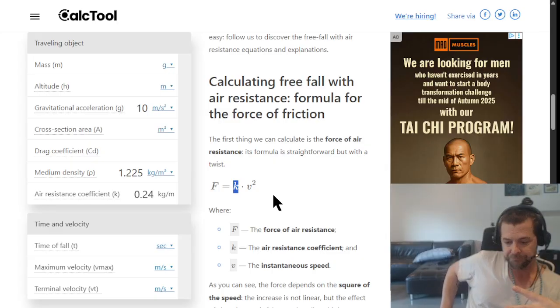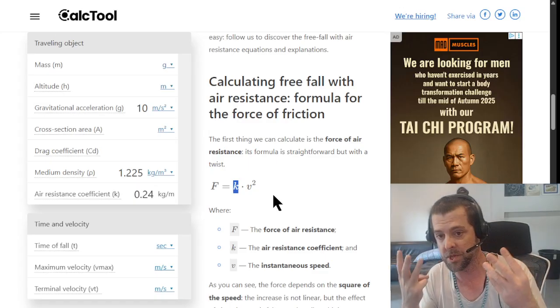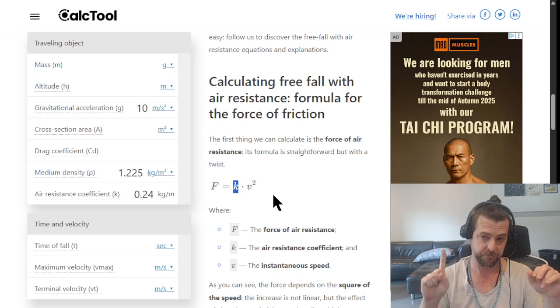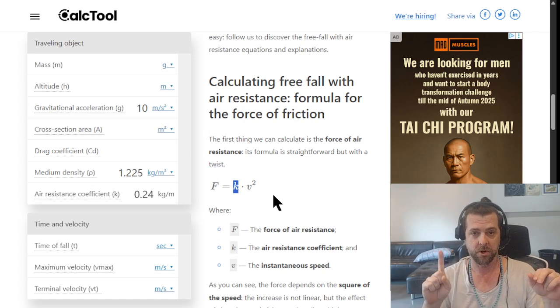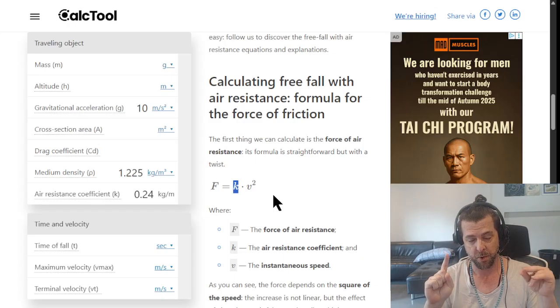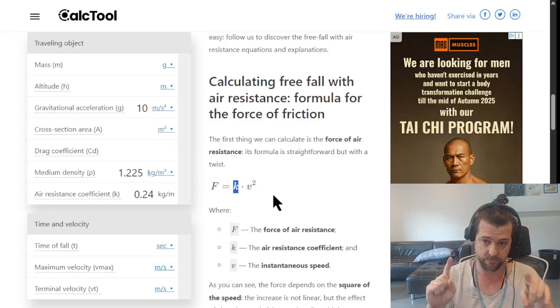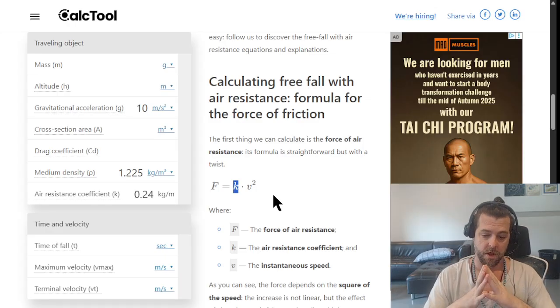So what I'm trying to tell you is that we did 3 experiments. We did one where the air pressure was 1, one where the air pressure was 1 divided by 12, and one where the air pressure was 1 divided by 24. Okay?